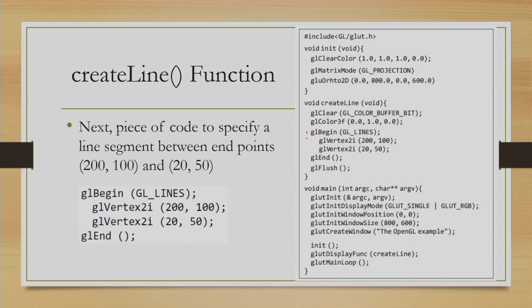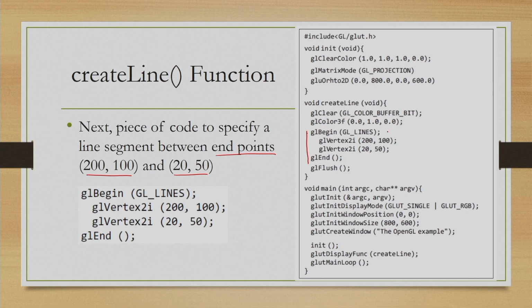Next, we have a piece of code between the two functions glBegin and glEnd. This indicates the line segment to be drawn between the endpoints provided in the arguments.